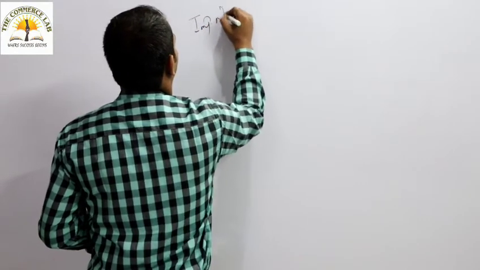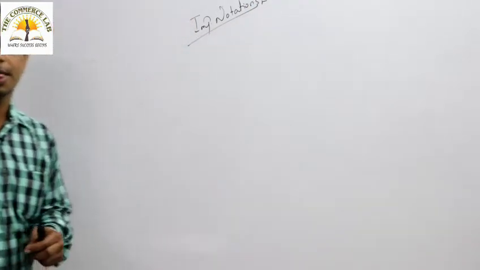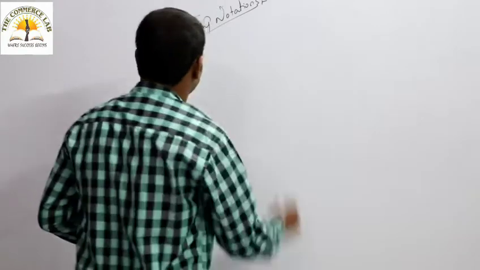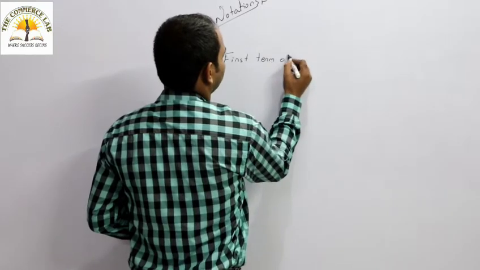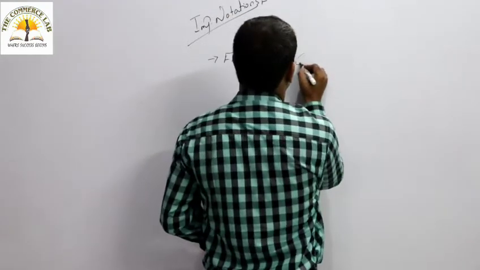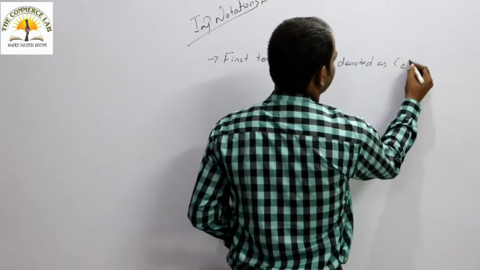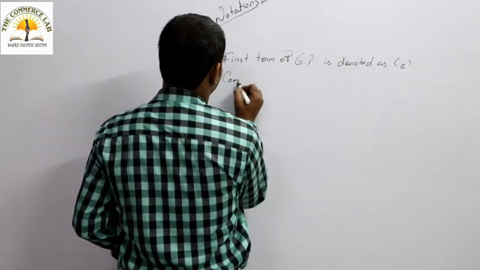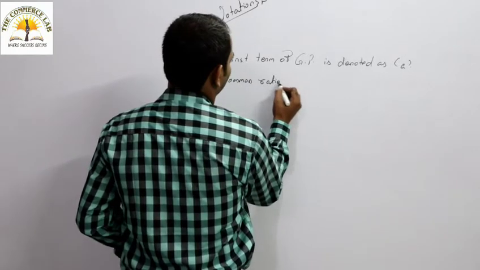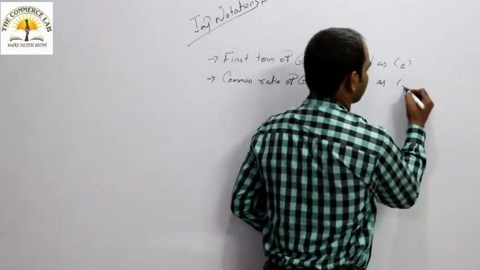Then some important notations. The first term of a GP is denoted as small a. The common ratio of GP is denoted as small r.